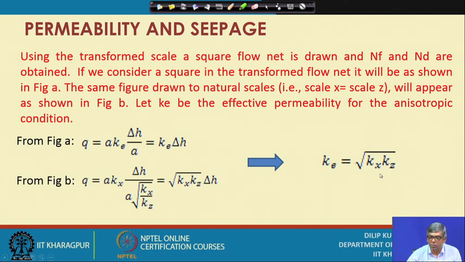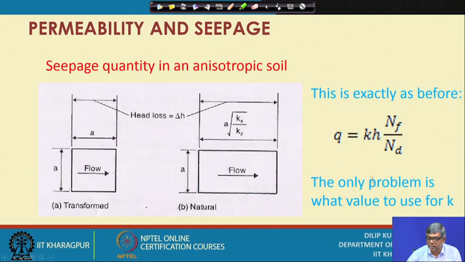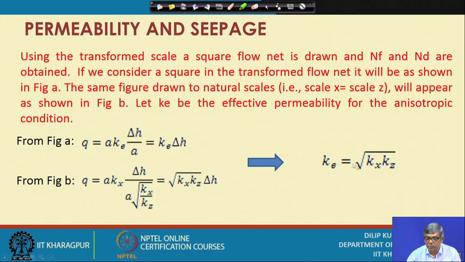So, whatever equation I have shown previously will again be valid when you transform the section. The only modification is that k will be replaced by k e, which is equal to under root k x k z. That is the only difference.